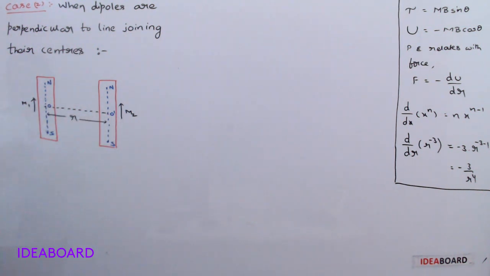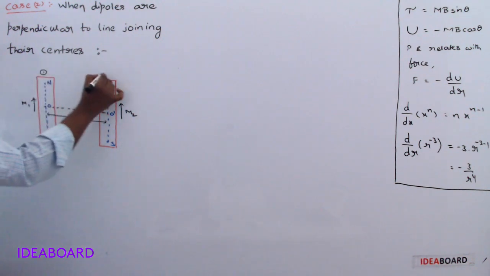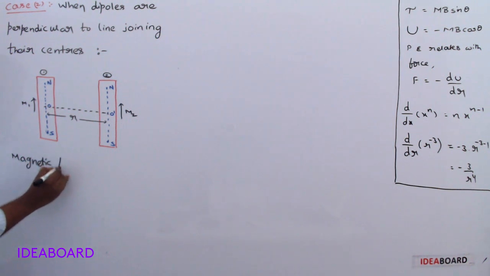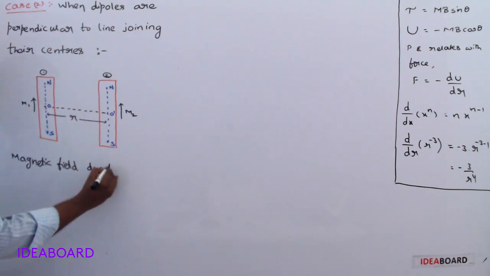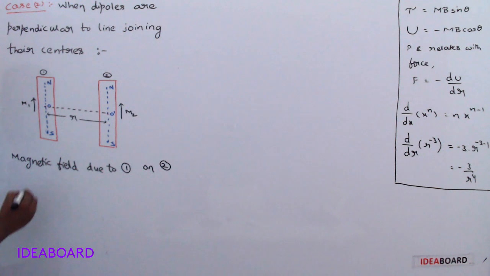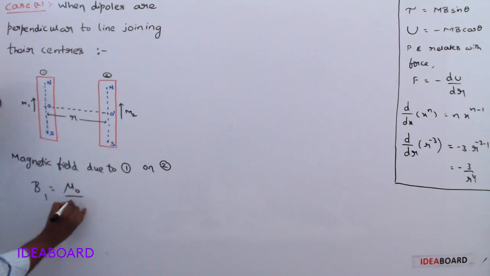Now, first of all, find the magnetic field due to 1 on 2. B1 is equal to mu naught by 4 pi.